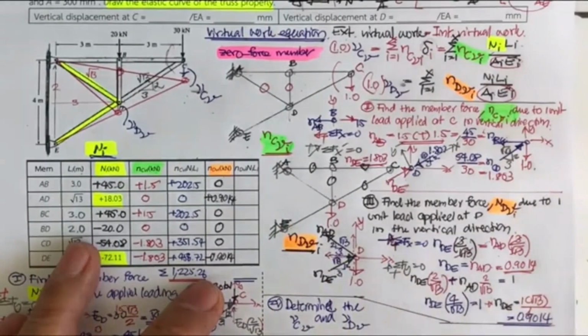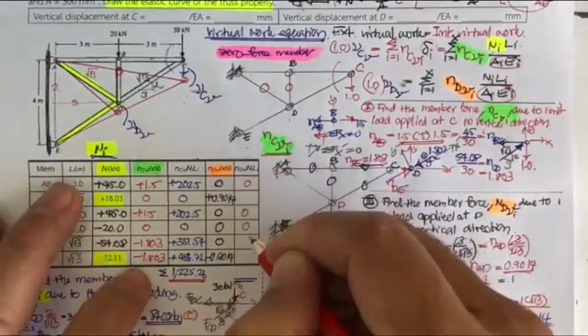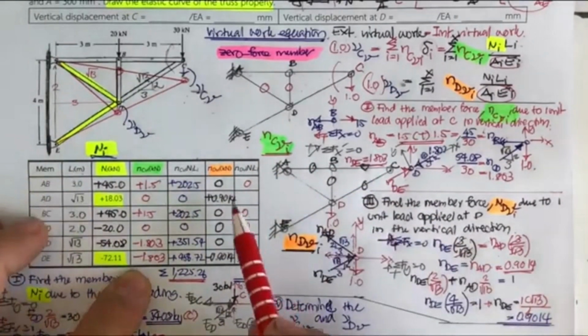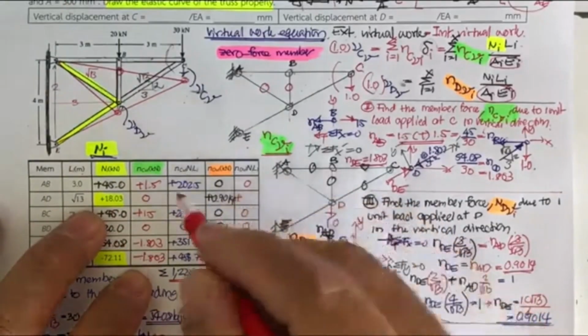If it's 0, just 0, because every time 0 is 0. This time this plus is a plus.